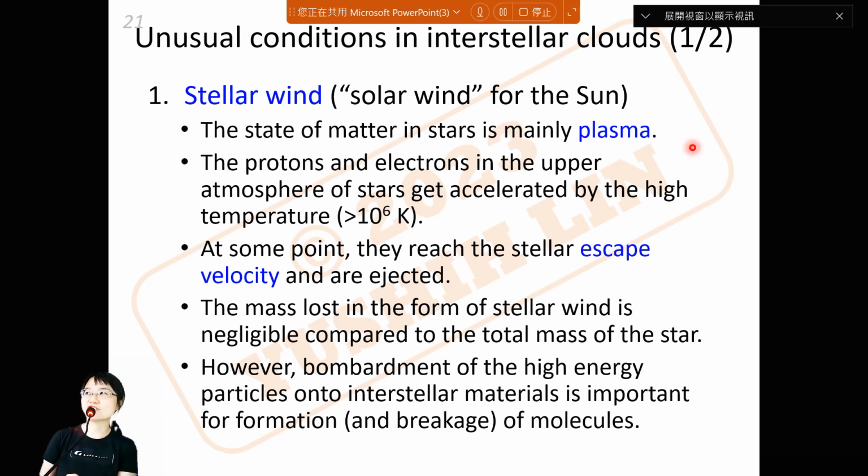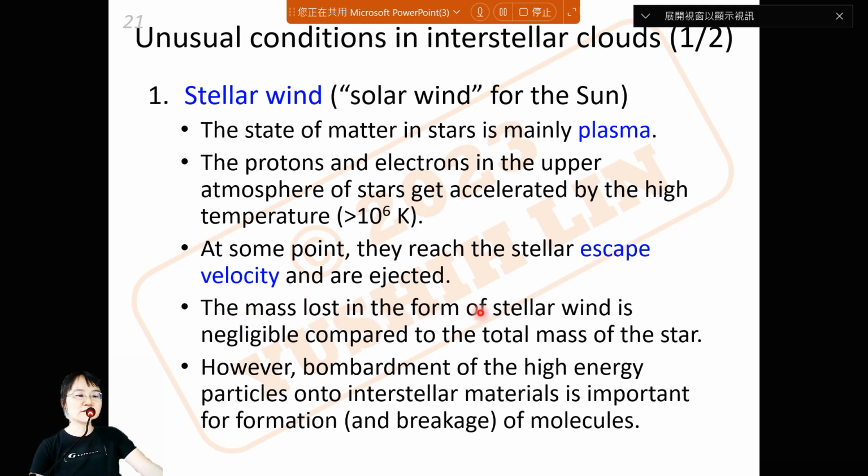Plasma is charged. The protons and electrons in the upper atmosphere of stars get accelerated by the high temperature. So this explains the formation mechanism of stellar wind. Because the particles in the upper atmosphere of the star are accelerated, at some point they will reach the escape velocity, and they will simply run away from the star.